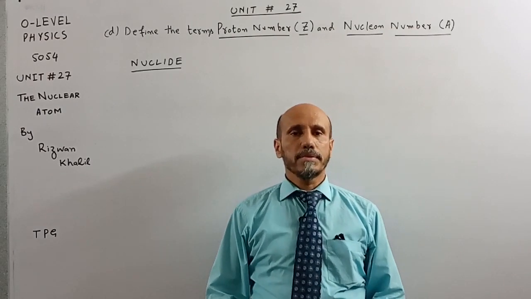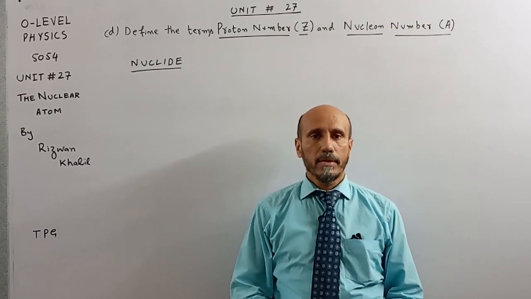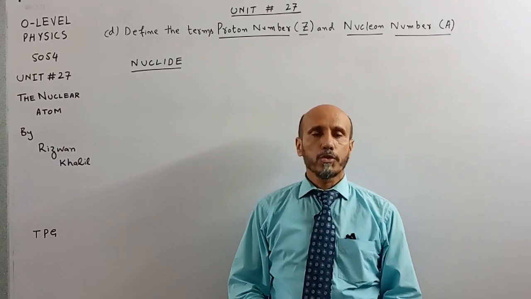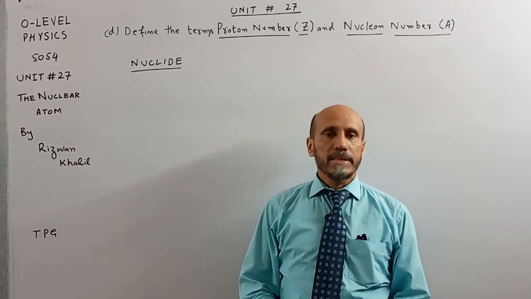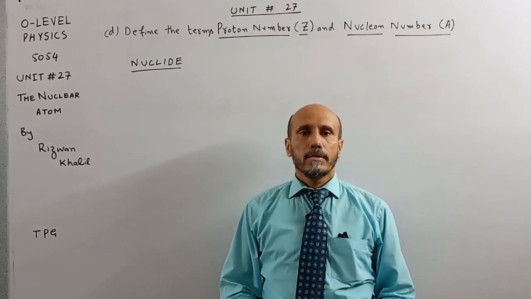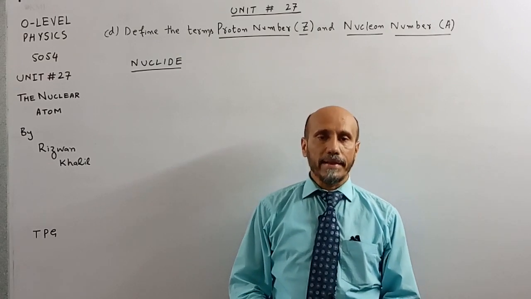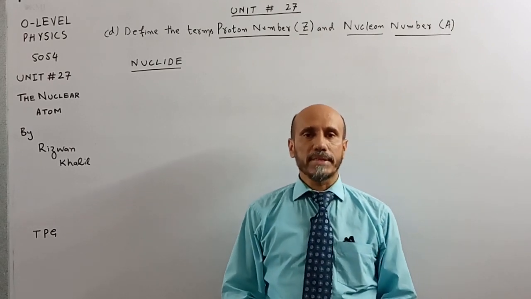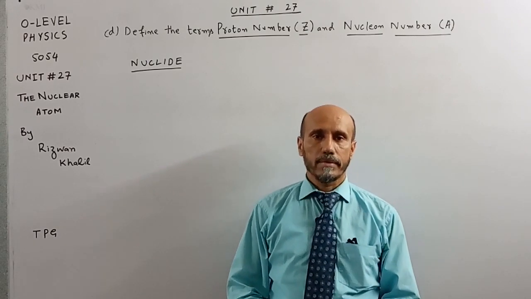Before we consider the examples of proton number and nucleon number, another important term is necessary for all of you to know, and that is the term nuclide. Basically, nuclide is the notation for writing the elements with their proton number and their nucleon number. As you have studied in chemistry, there is a specific way to represent the element.